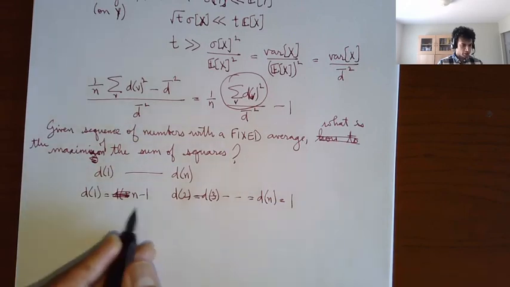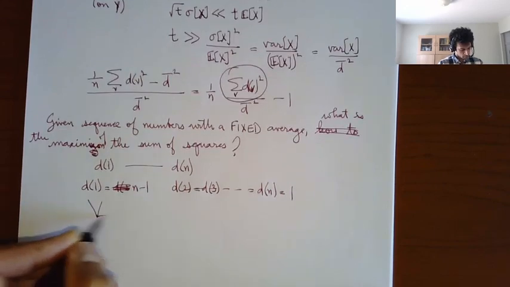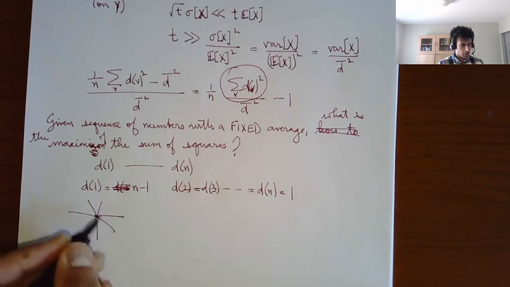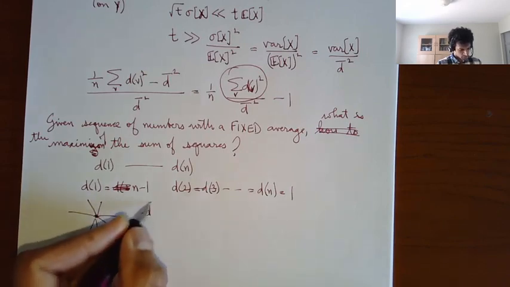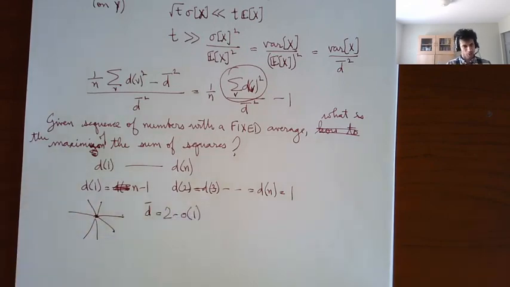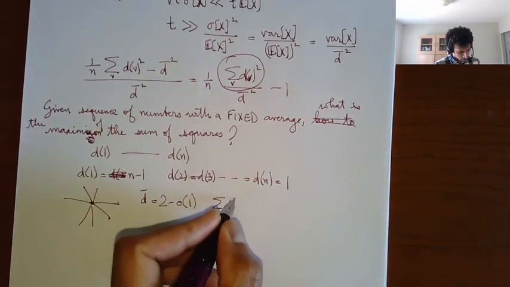Can you give me a graph that has this degree behavior? A star. Right? So you have a star. The degree in the middle is n minus 1. All of these degrees are 1. The average degree is basically 2 minus little o of 1, where the little o of 1 goes to 0 as n goes to infinity. What is the summation of dv squared?